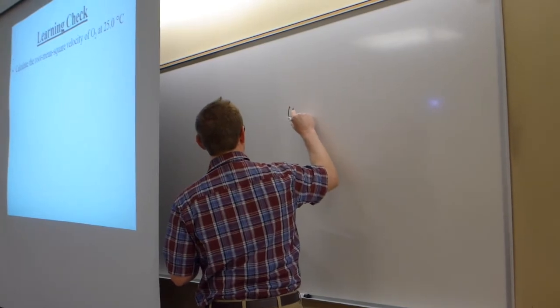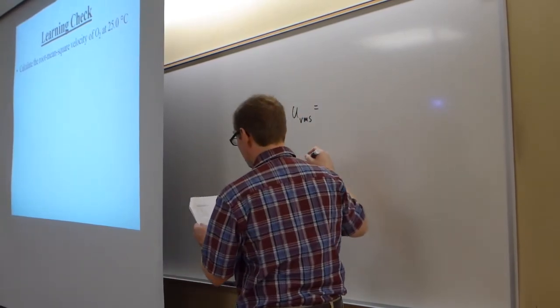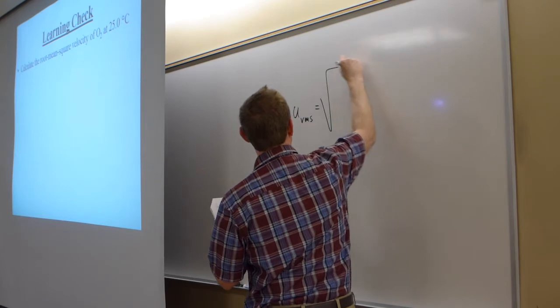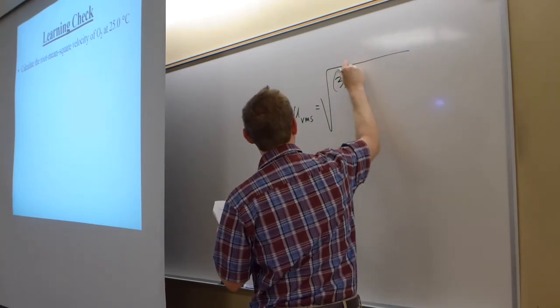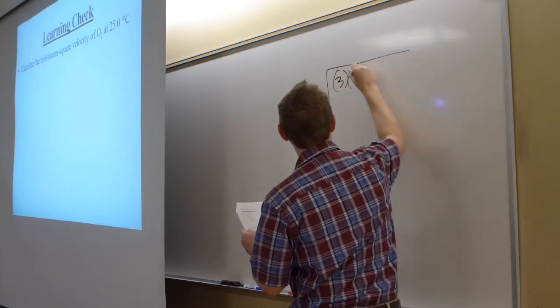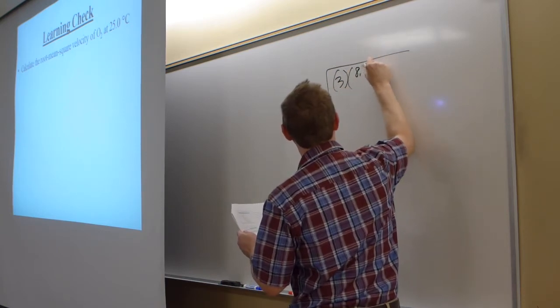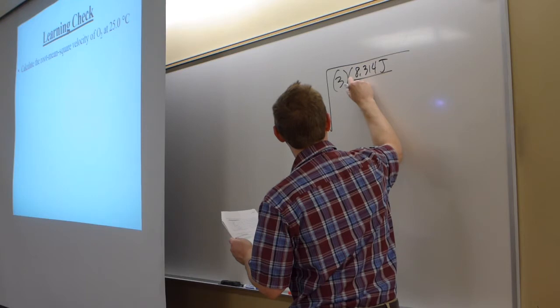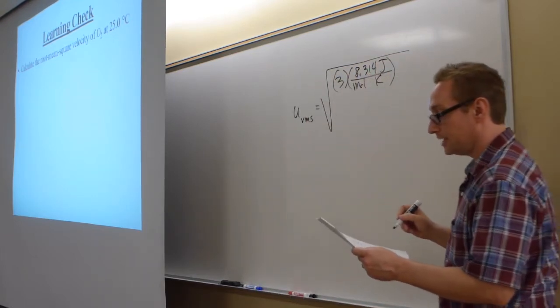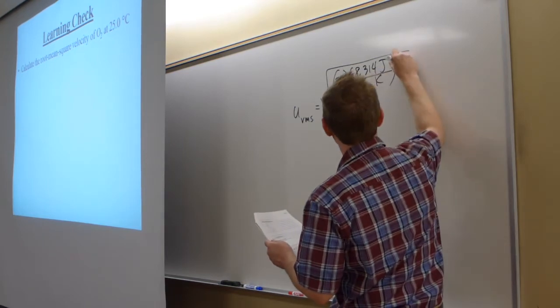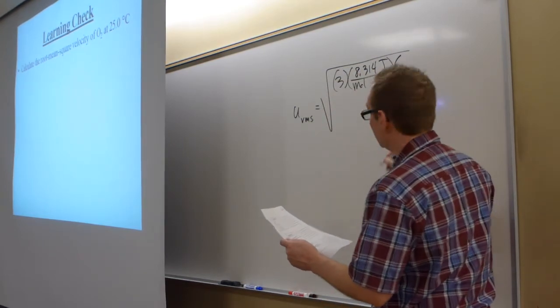So root mean square velocity is equal to the square root of 3 times 8.314 joules per mole Kelvin, so that's 3R, and then there's this usable conversion I pointed out earlier.